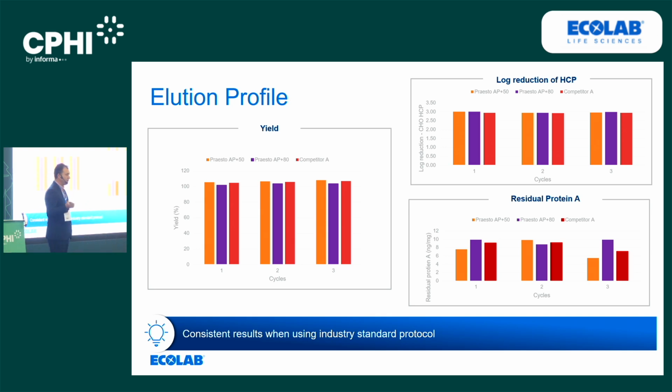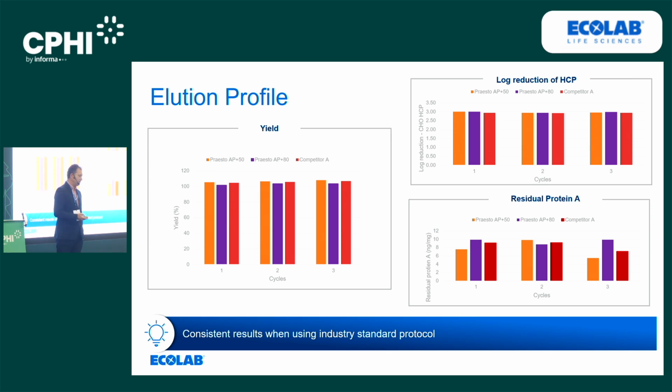So again, if we're thinking of second generation processes where you're looking for a solution that helps you with handling or reducing the cost of the process, this is something that you can have here. That's also applicable to the protein A leakage. As you can see here, the protein leakage is quite compatible to what we have already in the market.